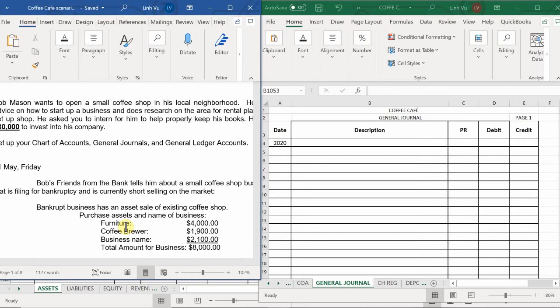So now let's use transaction analysis. Number one, did a transaction happen? Number 2, does it affect the business in a way that affects a business?